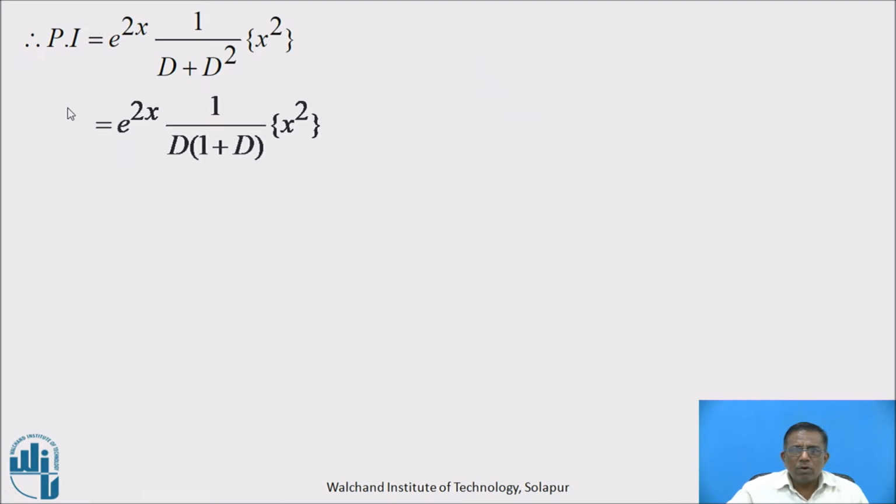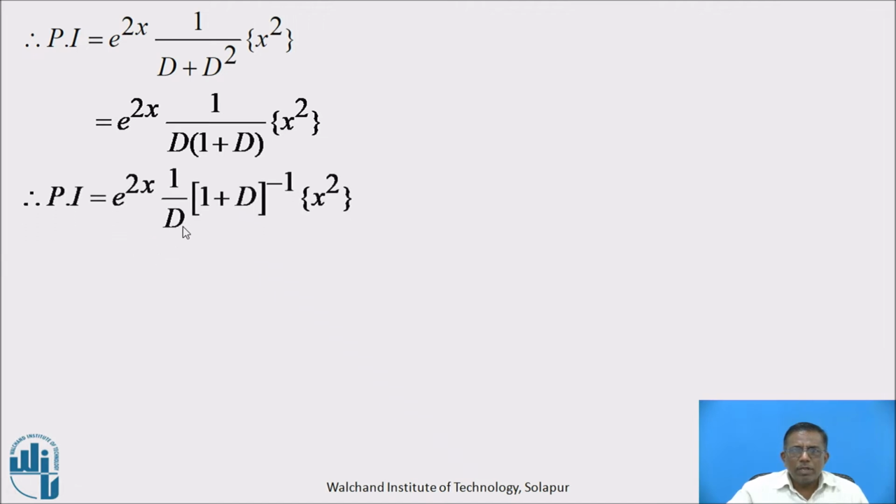Therefore, PI equal to e to the power 2x into 1 upon, from the denominator we take D common, in bracket 1 plus D, and into x square. Therefore, PI equal to e raised to 2x, keeping 1 upon D as it is, take the 1 plus D factor to the numerator, its power becomes minus 1, and into x square.